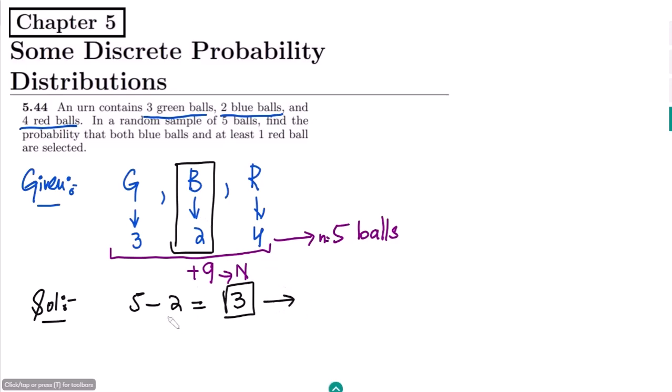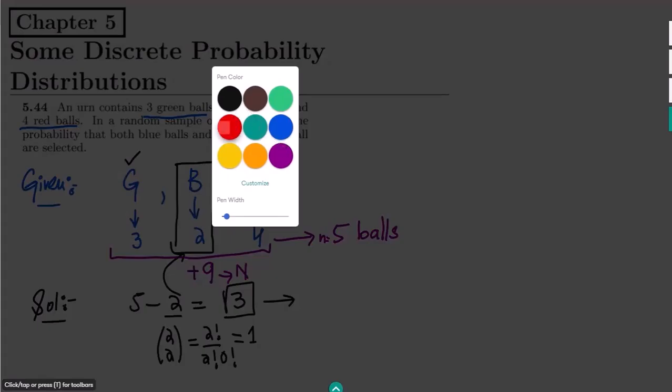We know that these 2 balls are the blue ones, and out of the 2 blue balls we have selected both, so it will be 2 choose 2, which is 2 factorial divided by 2 factorial times (2 minus 2) factorial. 0 factorial is also 1, so it will be 1.